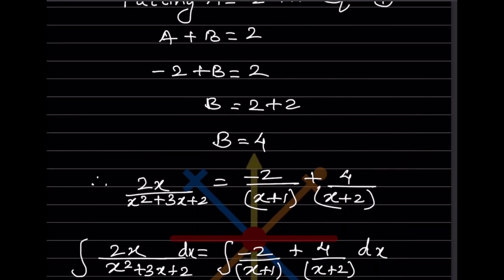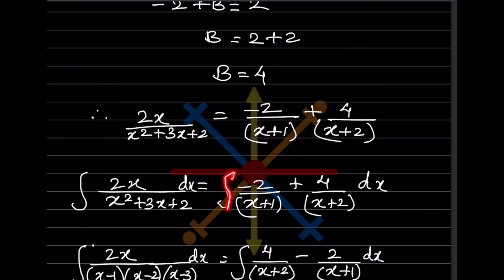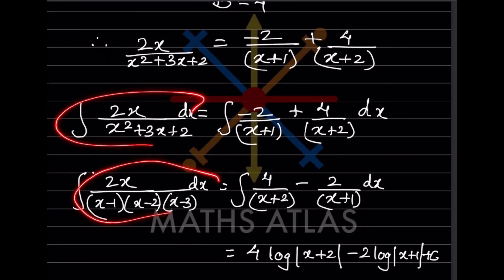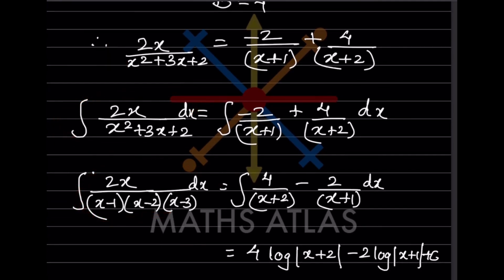So now we are going to write the integration sign. And whenever the integration sign is given, don't forget to write this dx. So on both sides we are going to put the integration sign, and this is dx. This thing will be as it is. We can do one thing: because this is positive I have just written it at the start, and this is negative, so I wrote it over here.